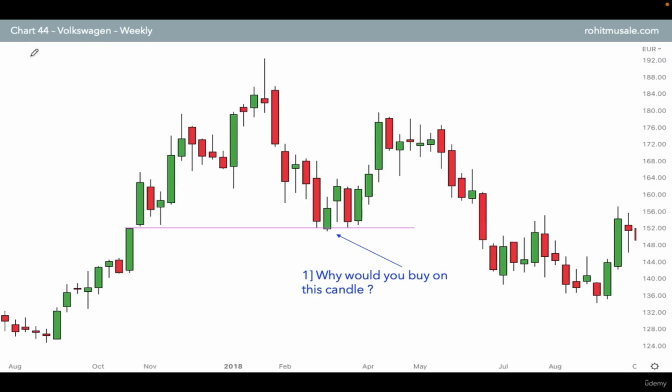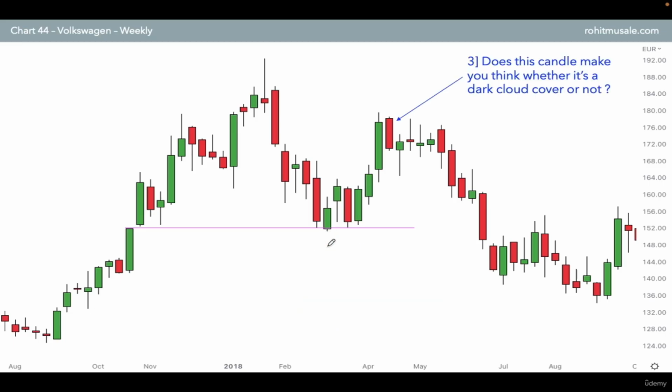So this is chart number 44, Volkswagen, weekly time frame. Question 1, why would you buy on this candle? So this green candle. Number 2, this candle does not complete a piercing pattern. Is it still wise to buy there? So again, the same candle. 3, does this candle make you think whether it's a dark cloud cover or not?